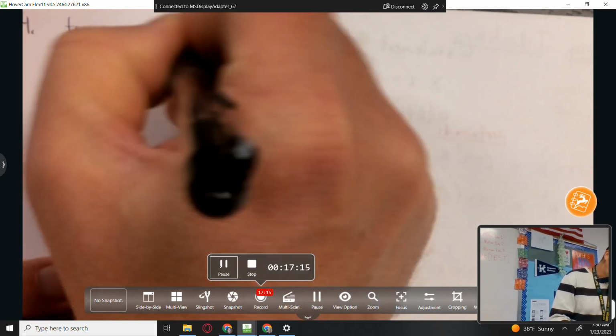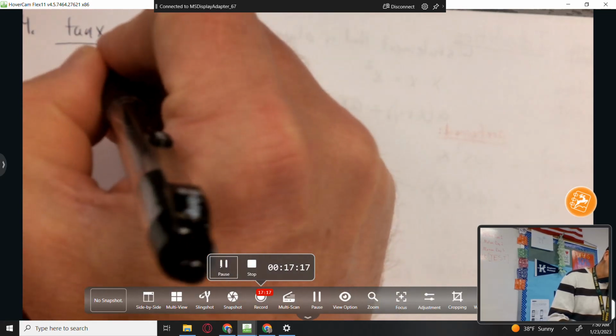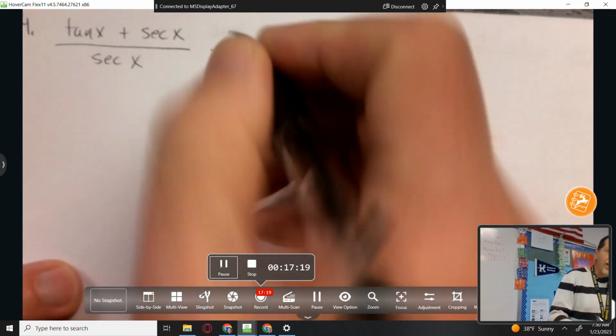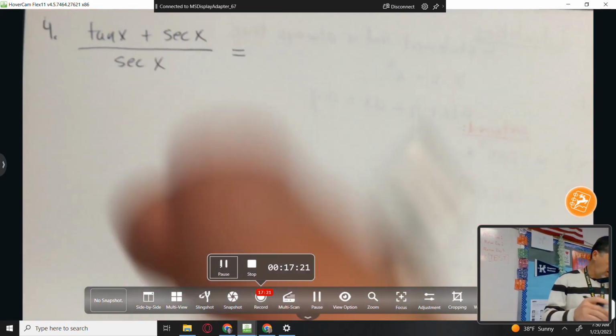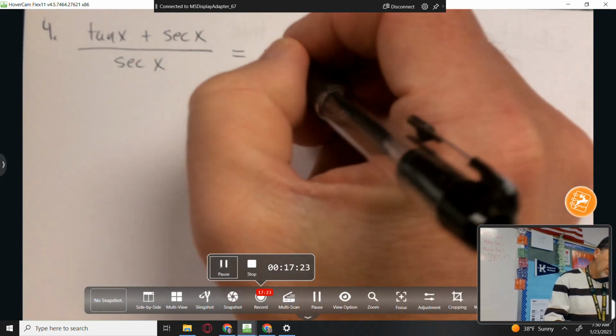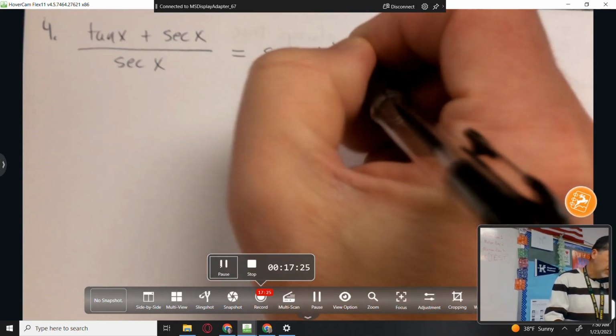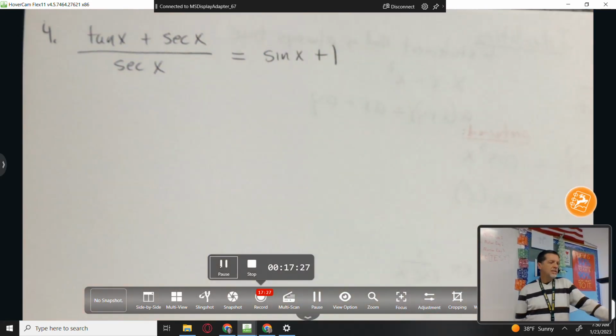Tangent of x plus secant of x over secant of x equals sine of x plus 1. Any thoughts? Like, again, you can always replace everything with sines and cosines.